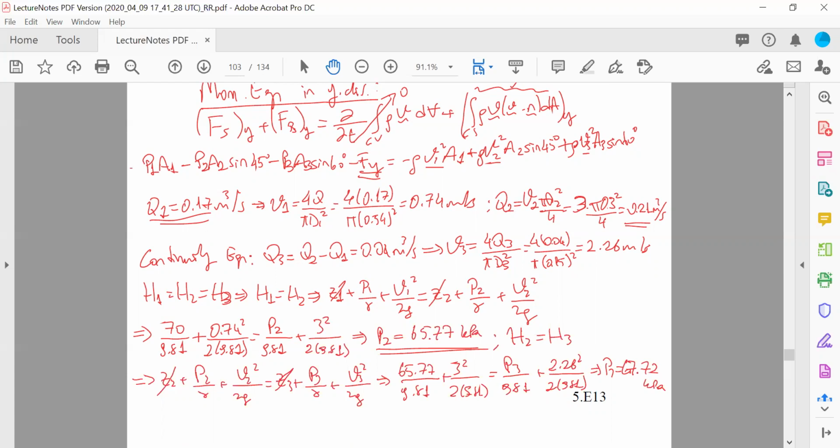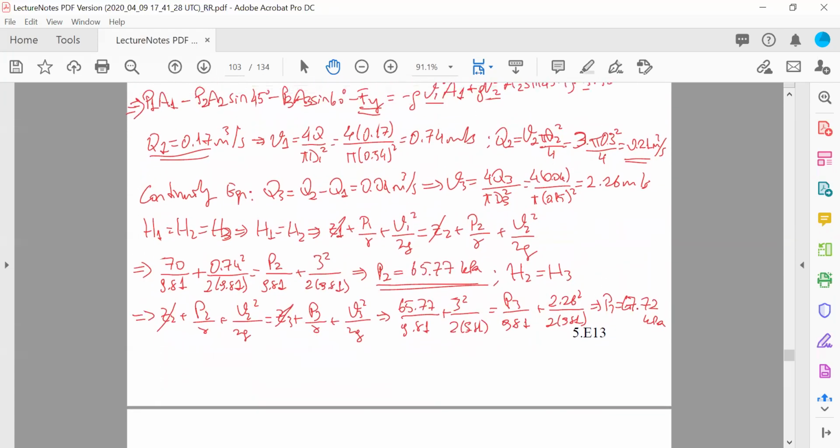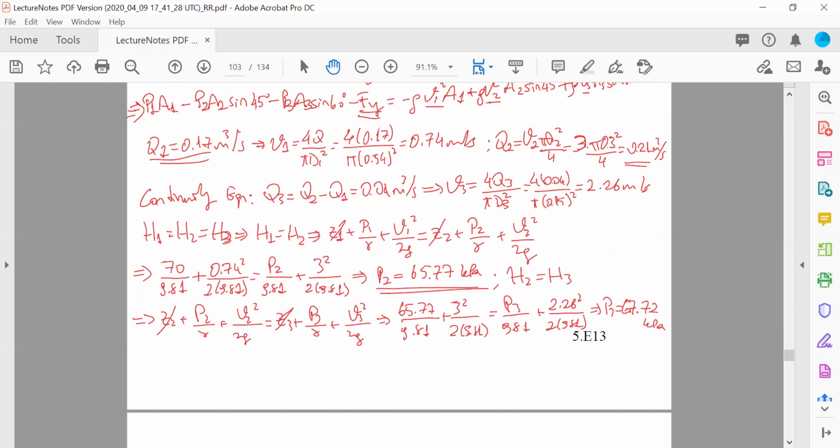Okay, recall that this was our initial momentum equation, and now we obtained each and every unknown term. Let's continue from that equation.